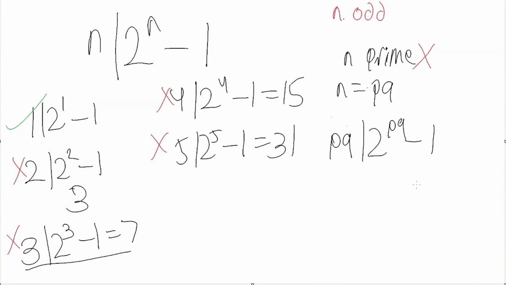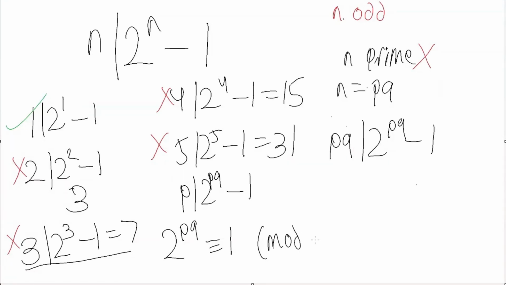Let's do modulo p first. We have p divides 2 to the pq minus 1. So that means that 2 to the pq is equivalent to 1 mod p. Is there a way we can simplify this exponent, just like how we did in the case where n is prime? Well, we can try using Fermat's little theorem again.